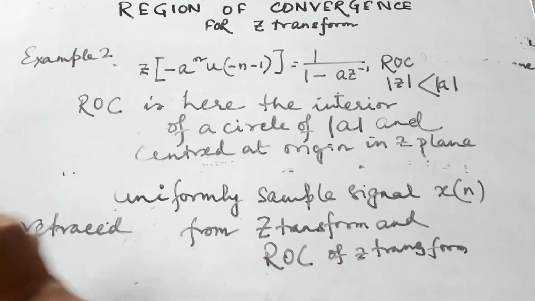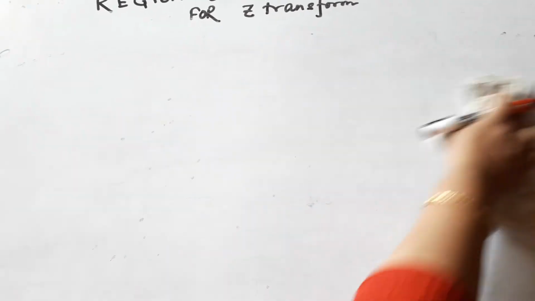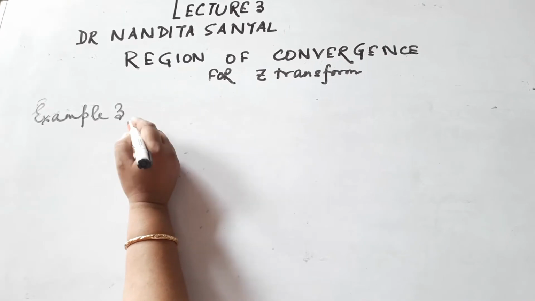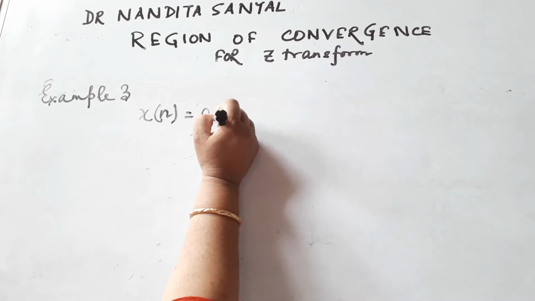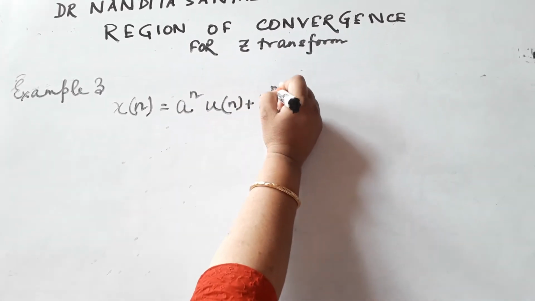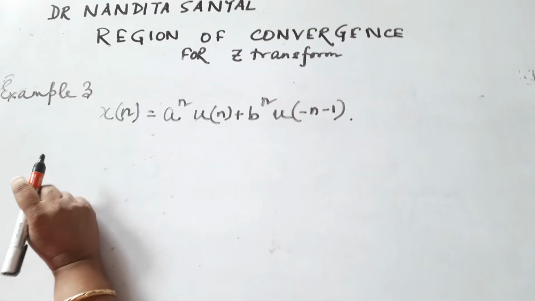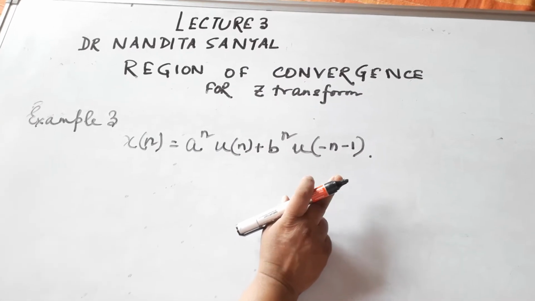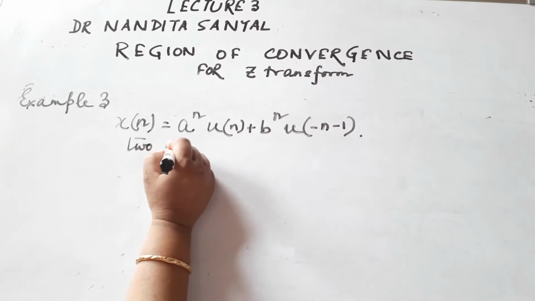Now let us come to the third example, that is x(n) is equal to a to the power n u(n) plus b to the power n u(minus n minus 1). From this expression you can understand that this is a two-sided infinite duration sequence.